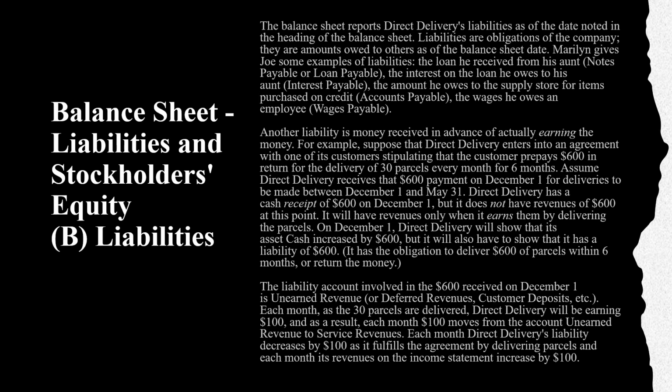The liability account involved in the $600 received on December 1st is unearned revenue, or deferred revenues, customer deposits, etc. Each month, as the 30 parcels are delivered, Direct Delivery will be earning $100, and as a result, each month $100 moves from the account unearned revenue to service revenues. Each month Direct Delivery's liability decreases by $100 as it fulfills the agreement by delivering parcels, and each month its revenues on the income statement increase by $100.